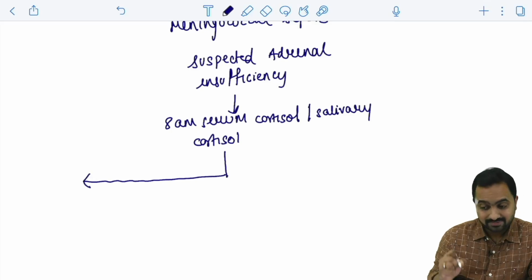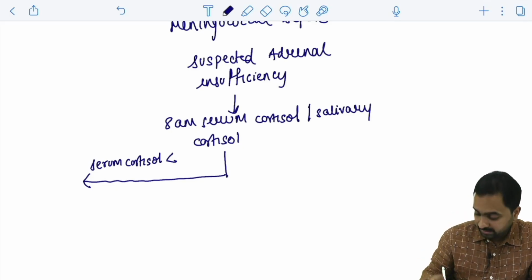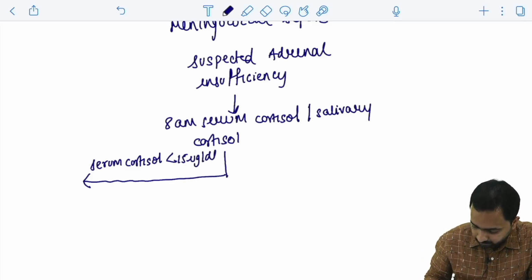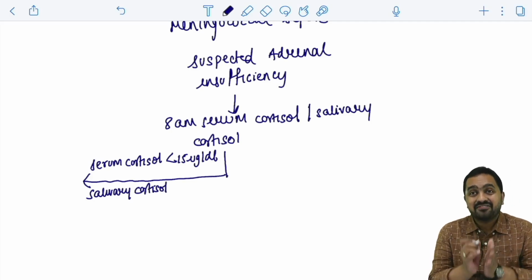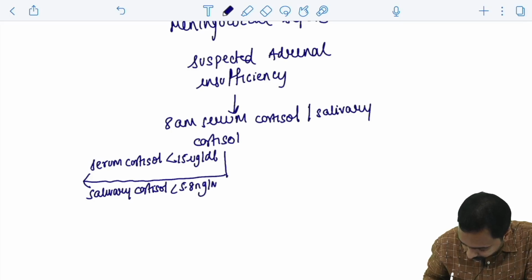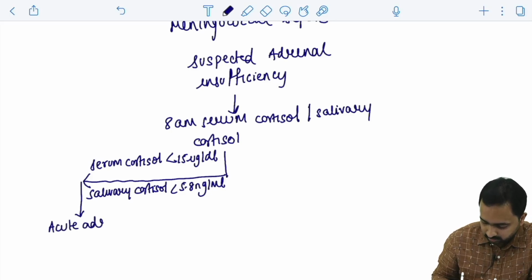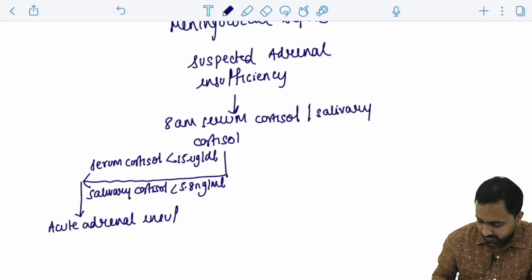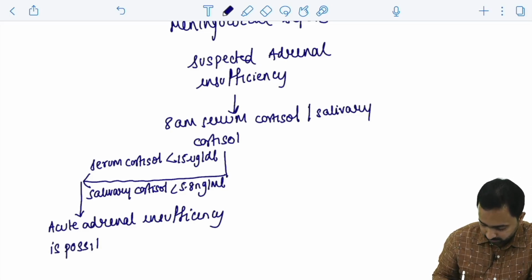If the serum cortisol is less than 15 microgram per deciliter, or the salivary cortisol is less than 5.8 nanogram per milliliter, then you would think that adrenal insufficiency is possible.